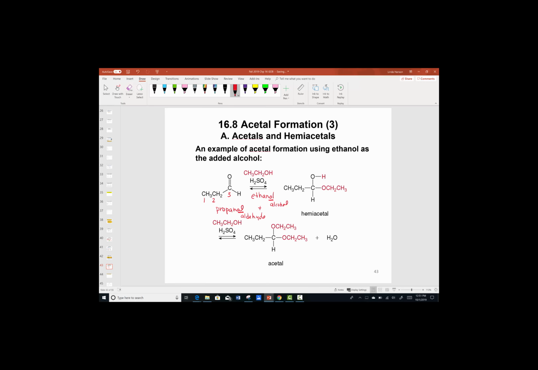When an aldehyde and an alcohol react in its first stage, we produced a hemiacetal. In the second step, we take off this hydrogen and replace it again with the remaining carbon chain of the alcohol, and we produce the acetal. This is the same diagram we drew on the previous slide together.